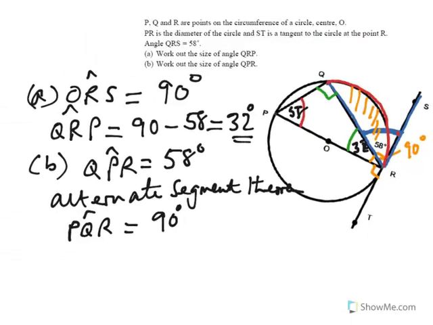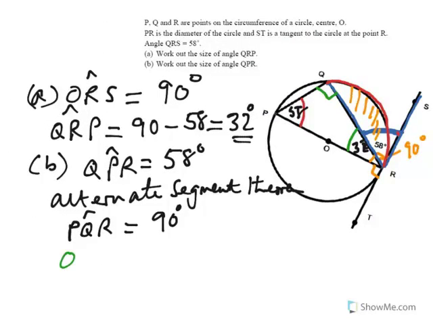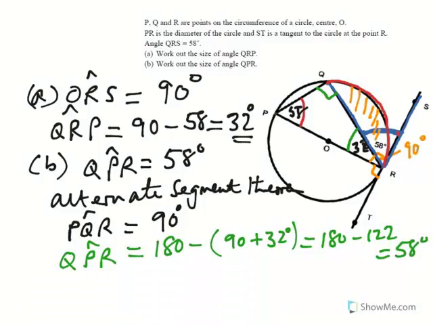So using the triangle PQR, we can now say that QPR is 180 minus 90 plus 32, which is 180 minus 122, which is 58 degrees. Okay, now if a calculator is allowed, there's no problem at all, but it's much quicker if we think about it.